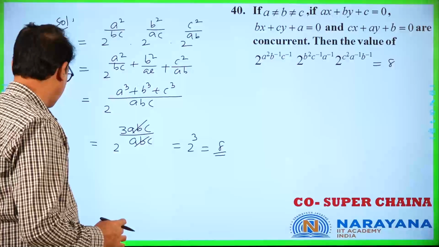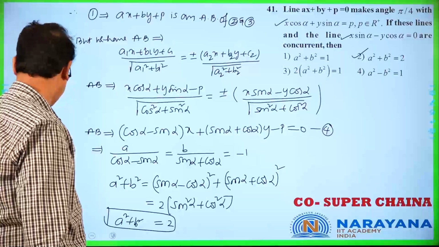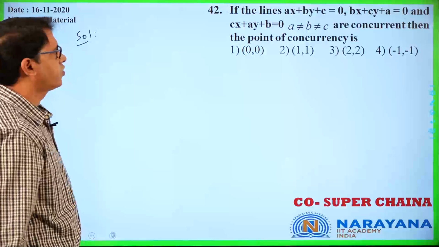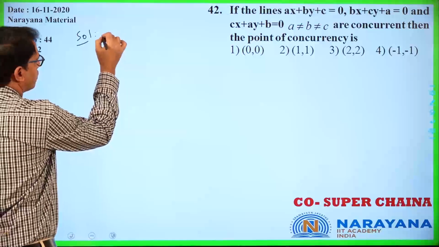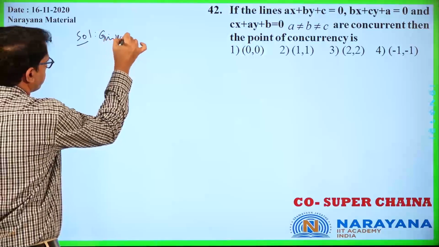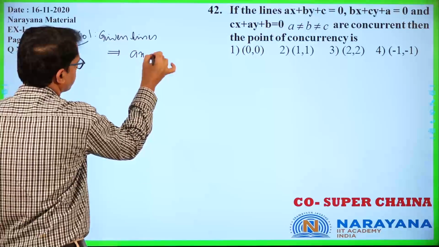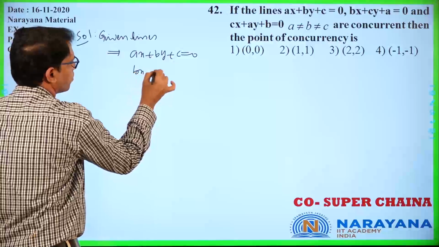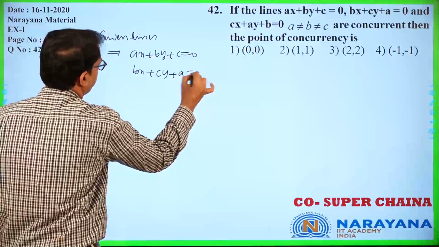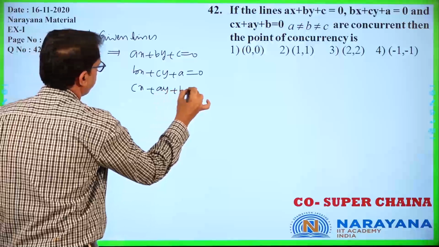If a cube plus b cube plus c cube equals 3abc, then we have a result. So the given lines are ax plus by plus c equals 0, bx plus cy plus a equals 0, then cx plus ay plus b equals 0.